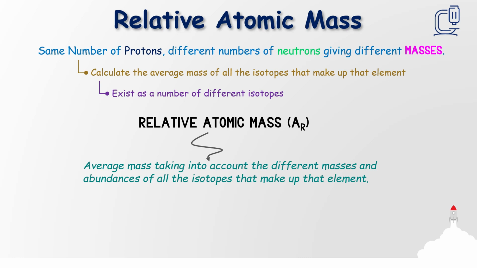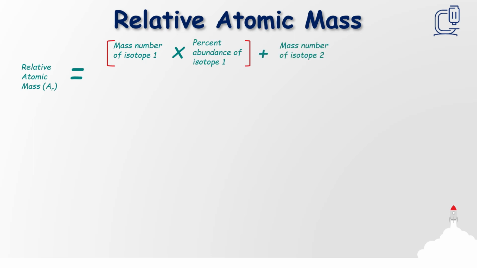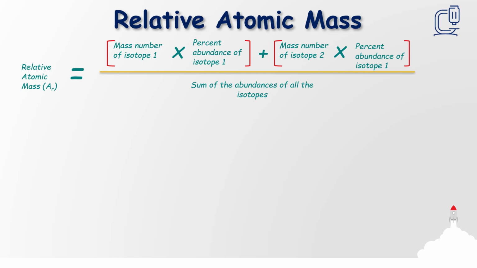The relative atomic mass can be written as a formula, which is the relative atomic mass denoted by the symbol A subscript R is equal to the mass number of isotope 1 multiplied by the percent abundance of isotope 1 plus the mass number of isotope 2 multiplied by the percent abundance of isotope 2, and this is divided by the sum of the abundances of all the isotopes, which in most cases is 100.